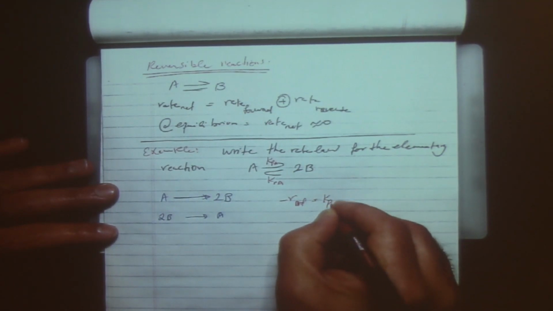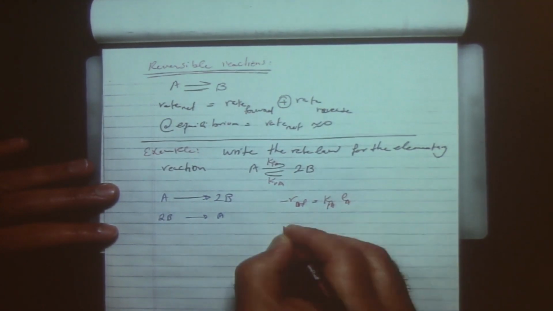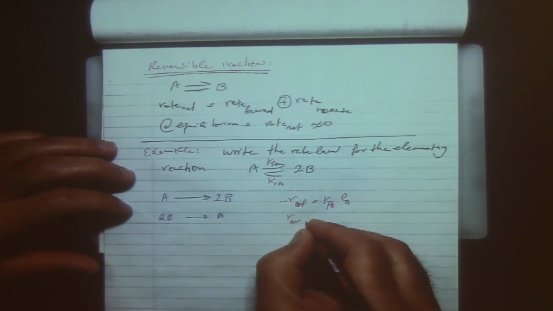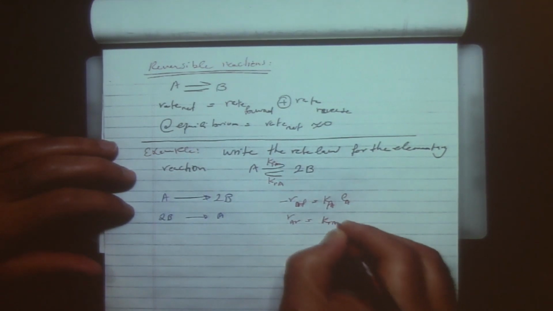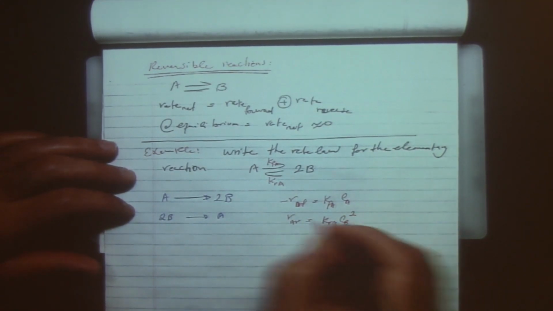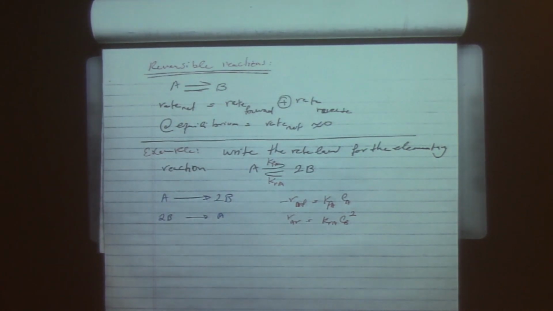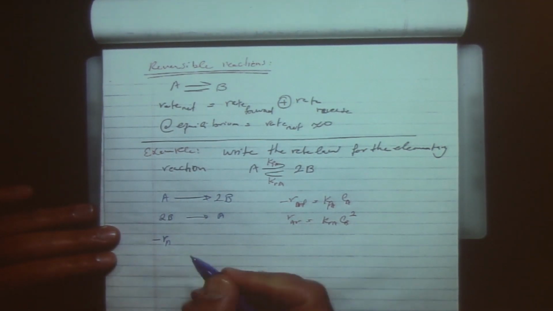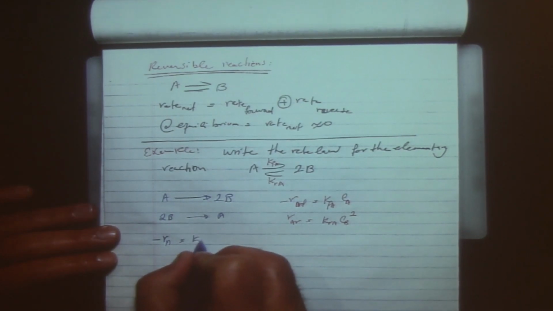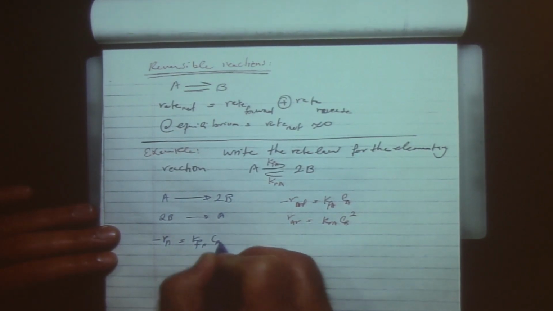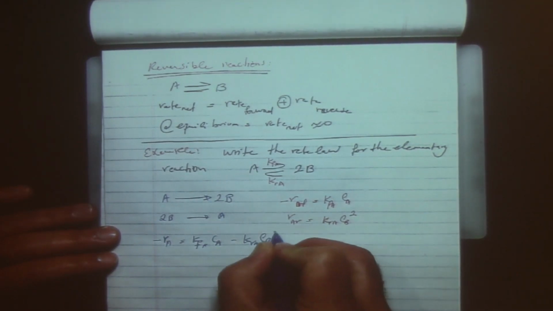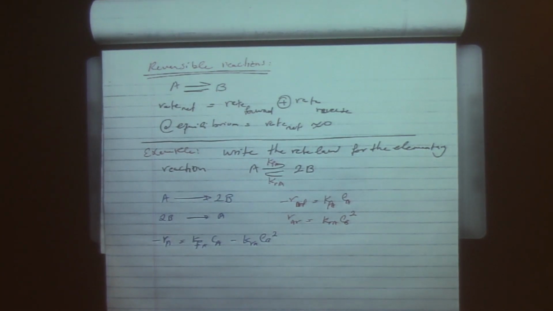is K forward A times C_A, and r reverse for A would be K reverse A times C_B squared, because they are elementary, they follow the stoichiometry. So minus r_A is K forward A C_A minus K reverse A C_B squared.